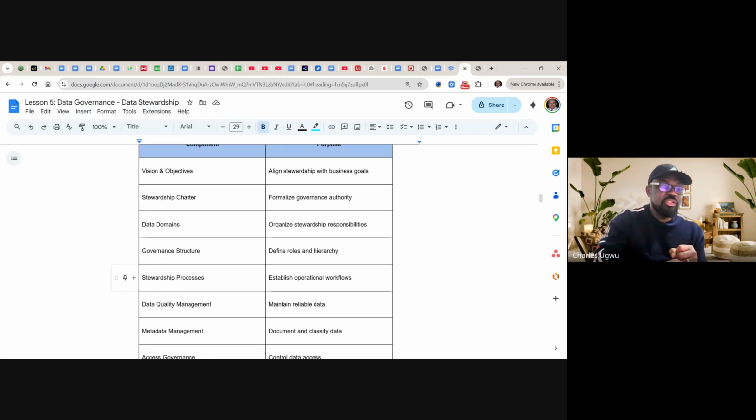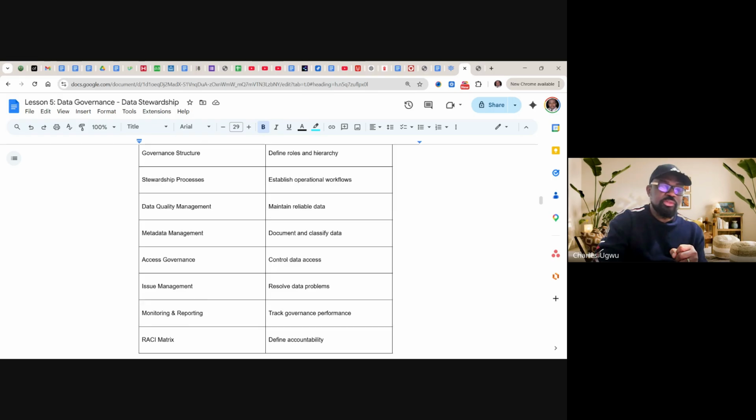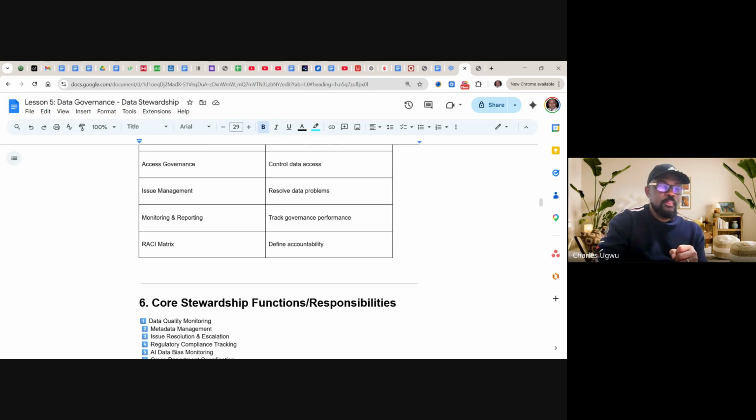So this is a summary table, a snapshot. Within the framework, we've captured 11 things you need to do well.